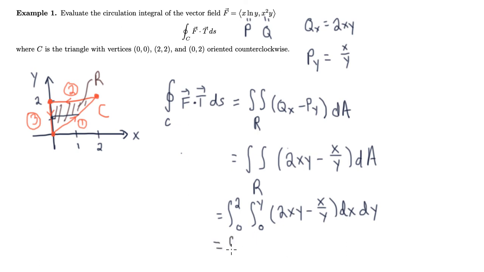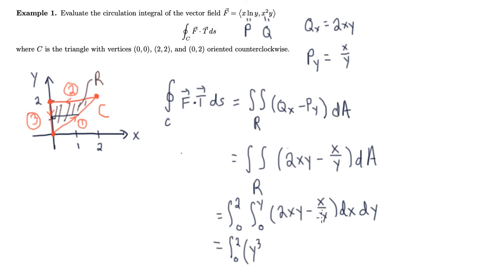So it's the integral from 0 to 2 of, okay, this is going to become x squared y, it looks like, evaluated at y, basically. So that's x squared y, which is just going to be y cubed. And then what is this going to be?